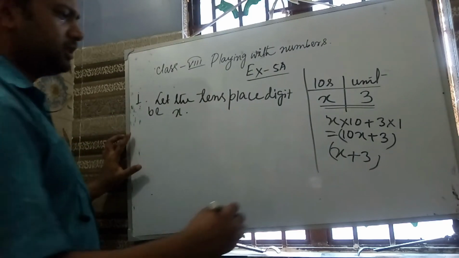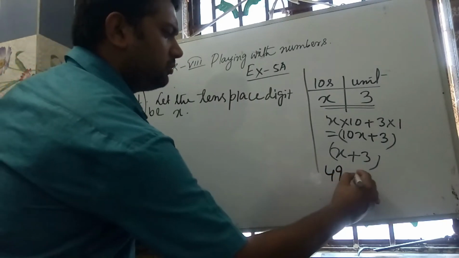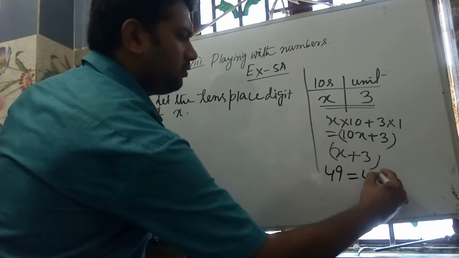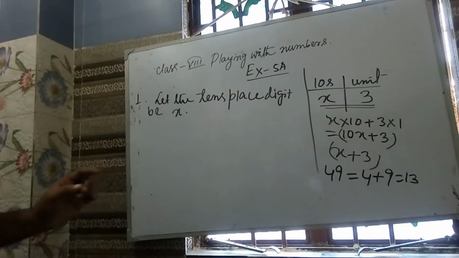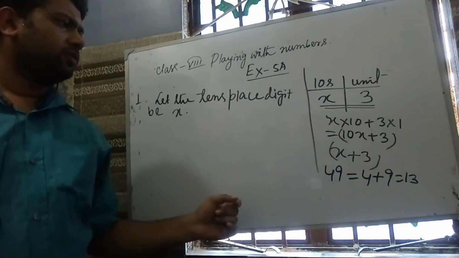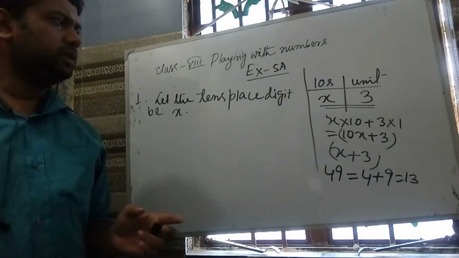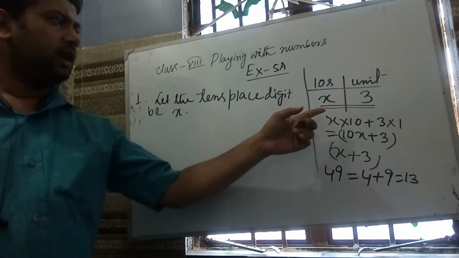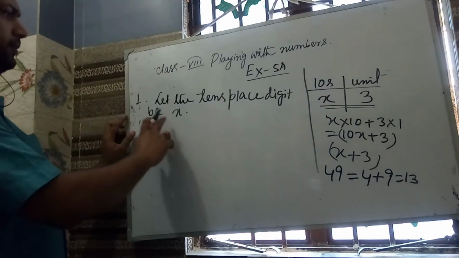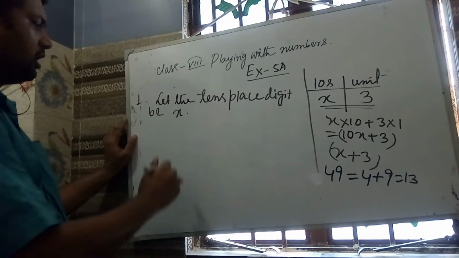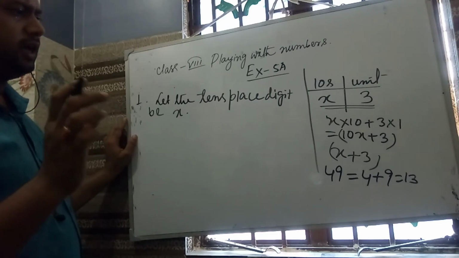Just as in the case of the number 49, the sum of the digits was 4 plus 9, that is 13. Here the sum of the digits is x plus 3. We cannot add them up because x is a variable and 3 is a constant number. So after writing this, we have to find the sum of the digits and the number.